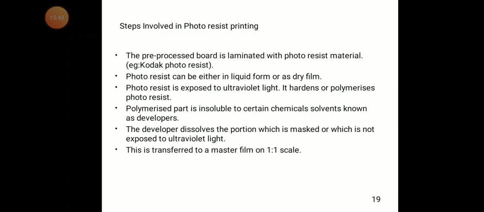It hardens or polymerizes the photoresist. The polymerized part is insoluble to certain chemicals, solvents known as developers. The developers dissolve the portion which is masked or which is not exposed to ultraviolet light. This is transferred from a master film on a 1:1 scale.